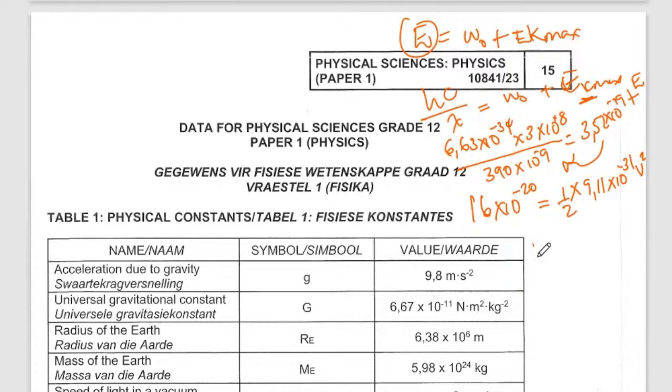Without the rounding off, I'm getting 5.9 times 10 to the 5. This is what I'm getting.